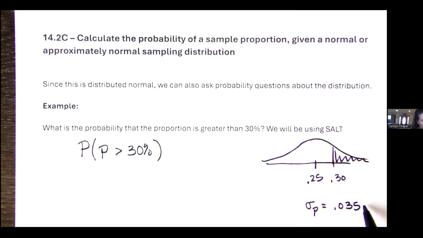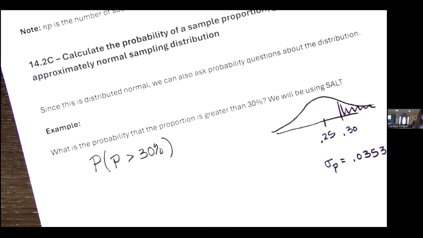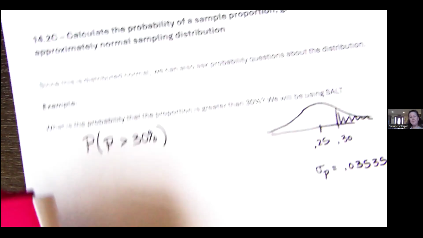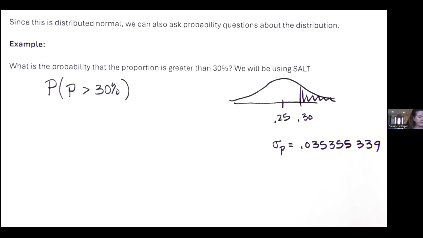Should probably get some more digits here. I wonder if I still have it on my calculator. I do. 35539. So I'll get some more digits for us.